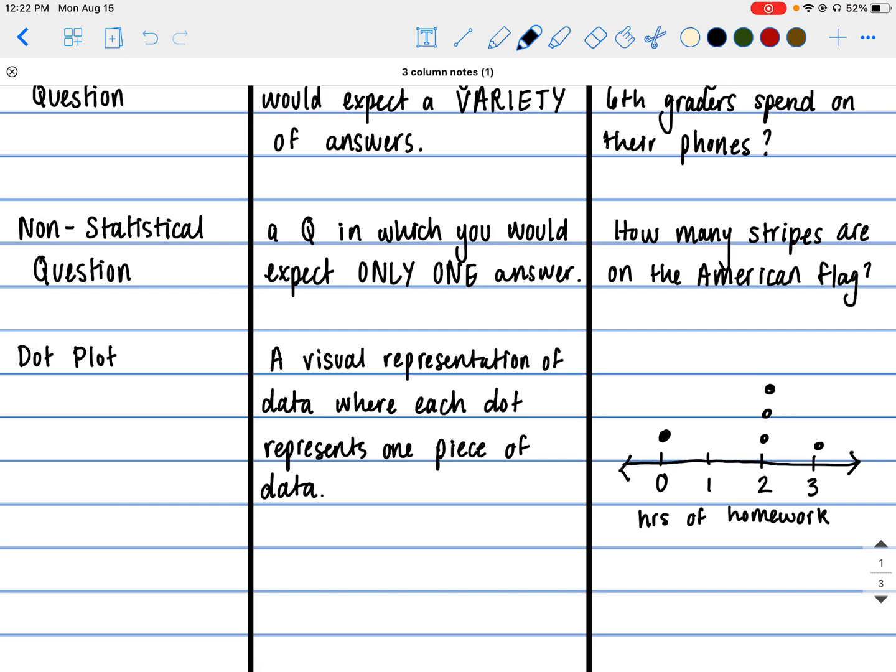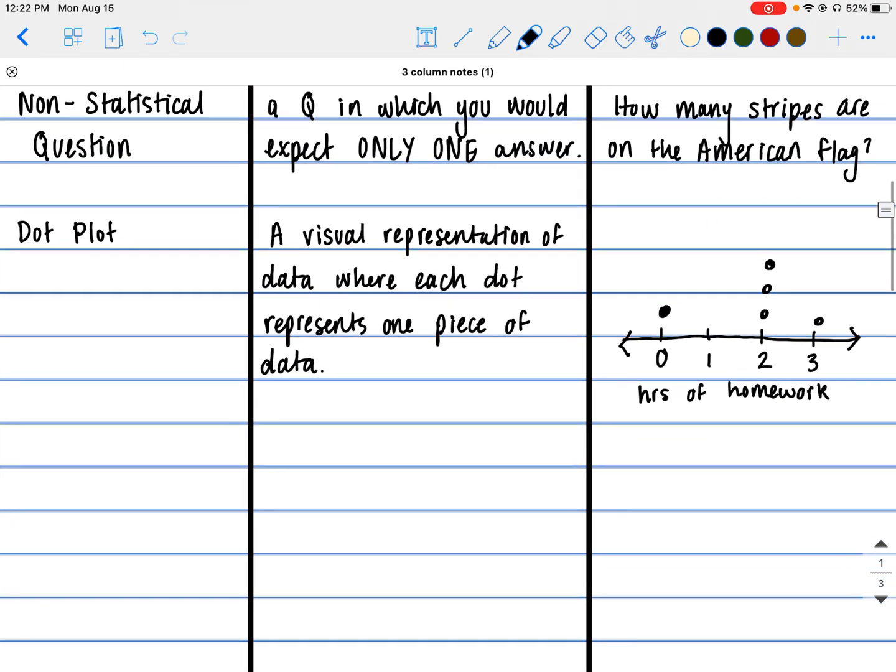All right, so within a dot plot, we can label different parts, and those can give us meanings of what something means. So one of those is a peak. And just like it sounds like, the peak is a point on a dot plot that has the most data.